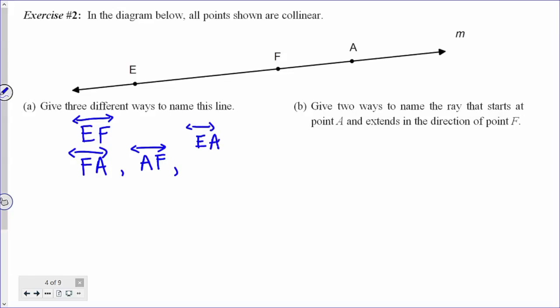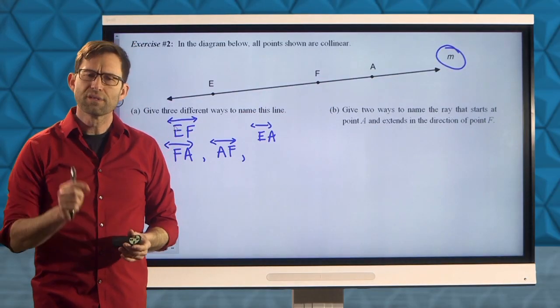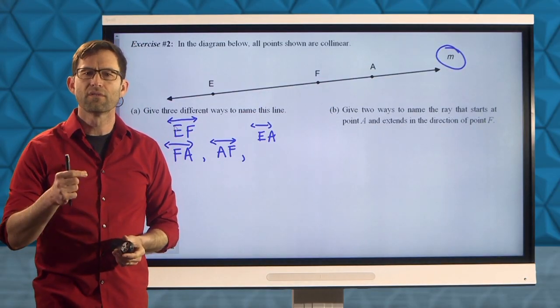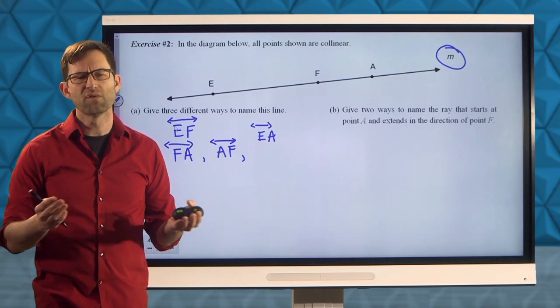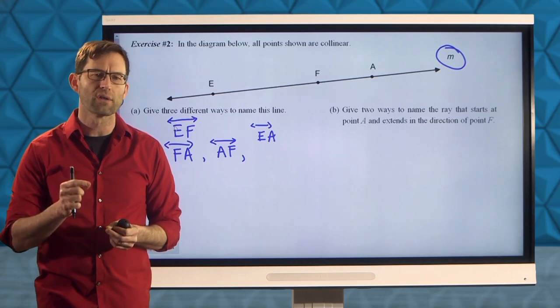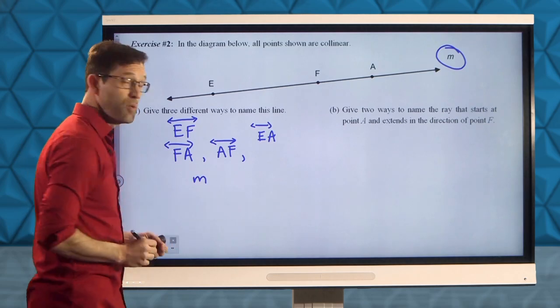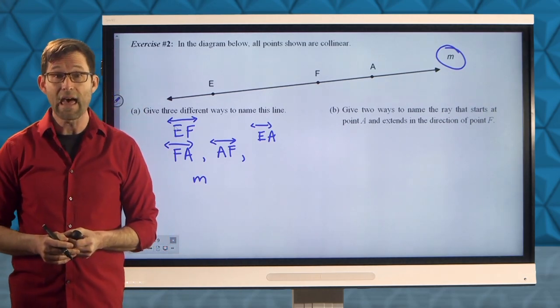And finally, and this is a little bit different, but you'll see it many times in this course, sometimes you'll see a little lowercase letter, as we do right over here, to name the line. That's going to be done more often when we're not really concerned about points that lie on the line, but we're concerned about the line overall. So it would be completely acceptable to also call this line M.